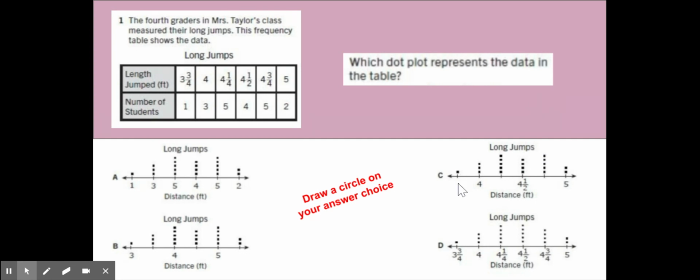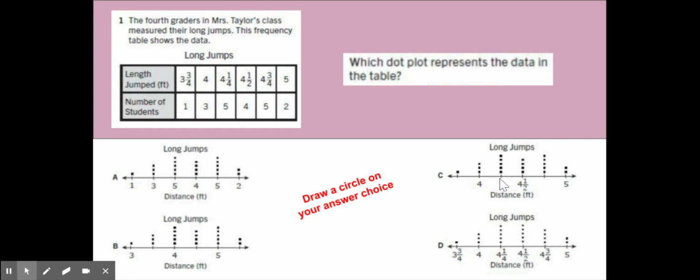Let's move on to C and D. Now C, you notice that it skips in increments, and it doesn't necessarily have them labeled, but we've got to make some deductions as to what these mystery numbers could be, even though they're not labeled. Now, what information I do know is that this goes from 4, and this next one that's labeled is 4.5, which means that these increments from here to here are in fourths.